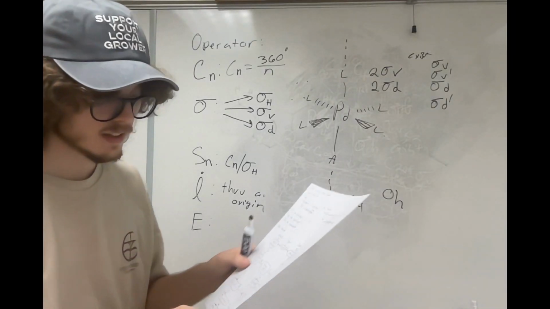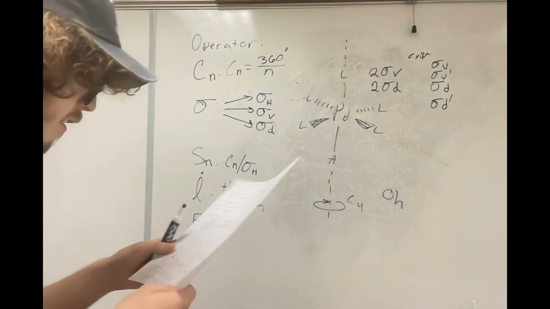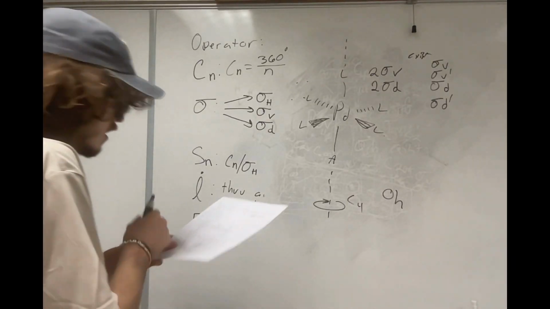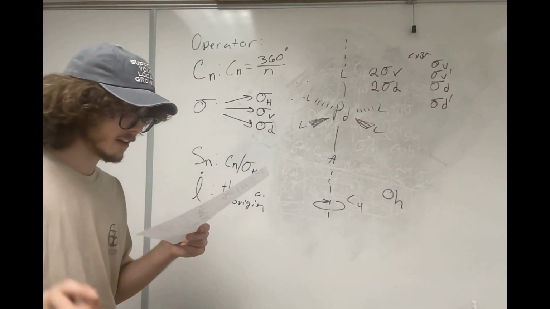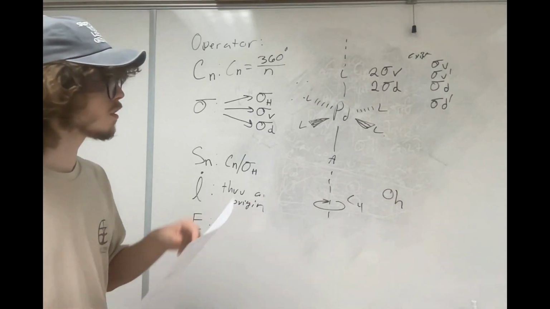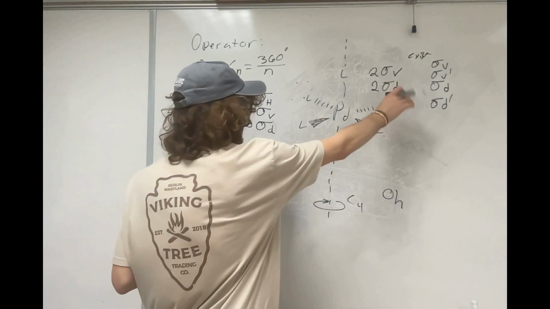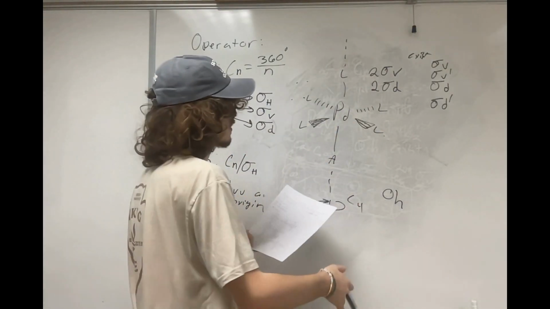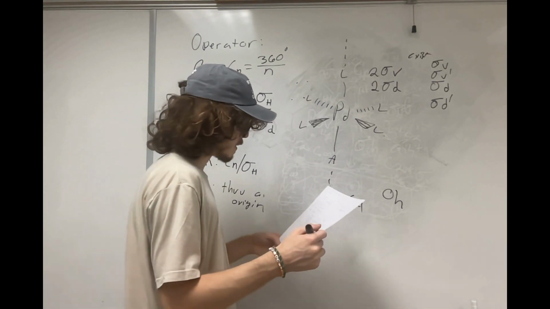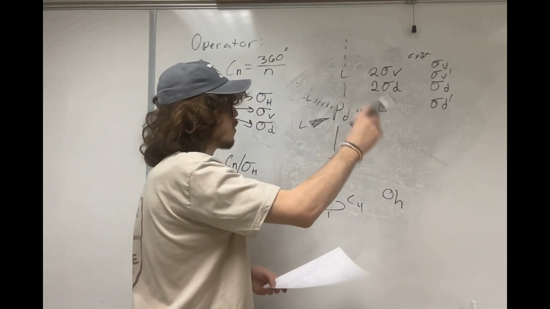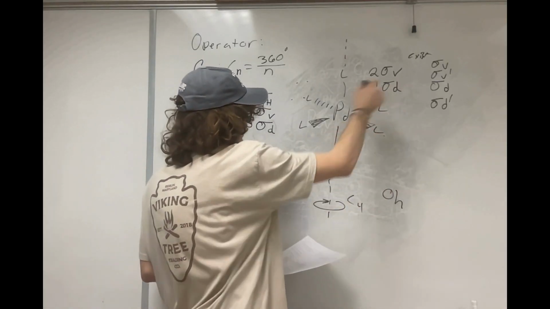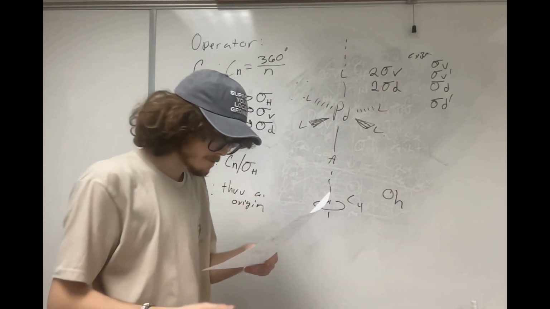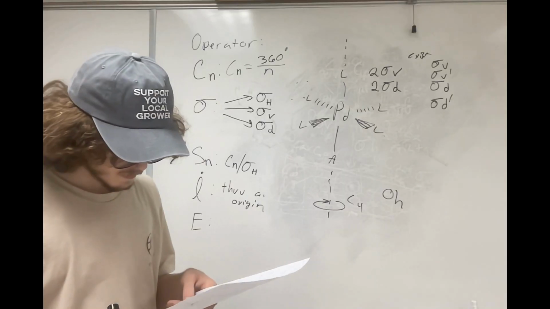The next question is, do we have n number of C2 perpendicular to Cn? When we had the L here, then we had C2, but in this case, we don't. We would need 4 C2s, which could come from there, but it can't because of A. So we're going to say no.